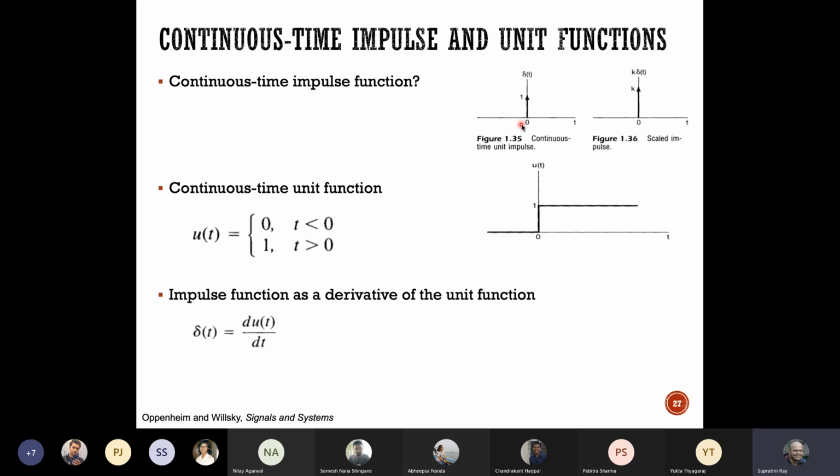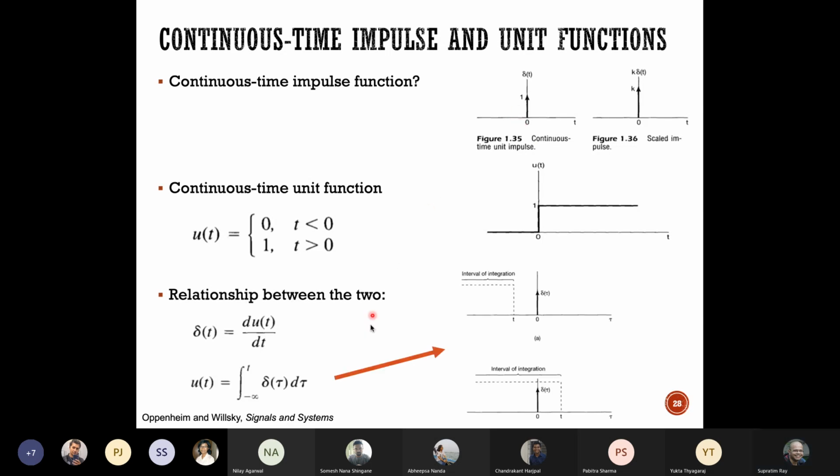If you integrate it, you get u(t). Again, it's a delta function sitting there. If you integrate this delta function over an interval that doesn't include it, you get nothing.